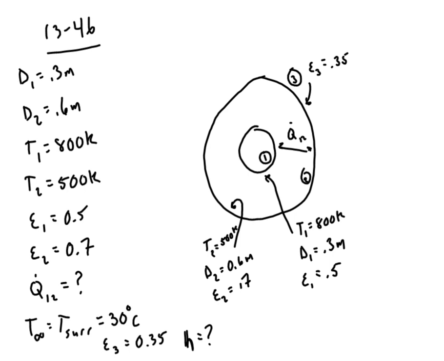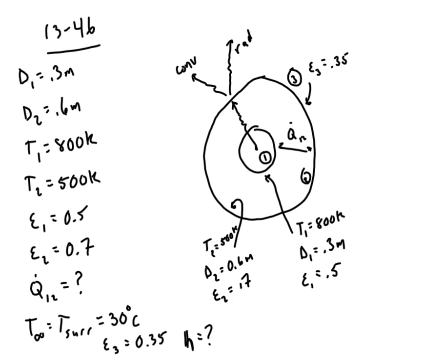Because of the different emissivities, we'll be able to find out that the heat transfer that leaves 1, because it's at 800, and radiates out to surface 2, is also going to be able to escape. And that's going to escape in two ways. It's going to escape by radiation, and it's also going to escape by convection.